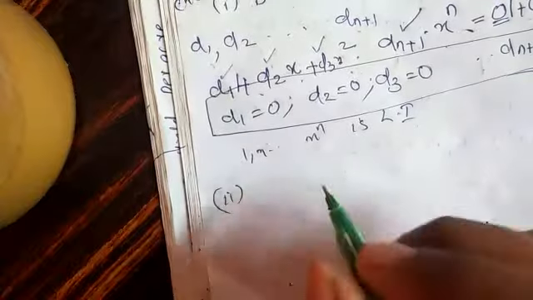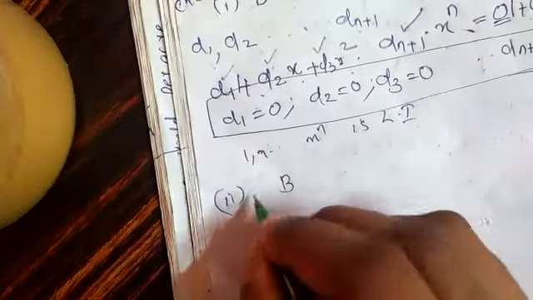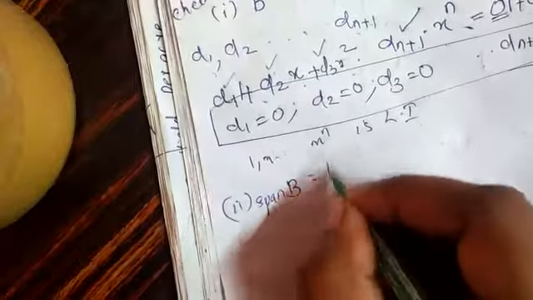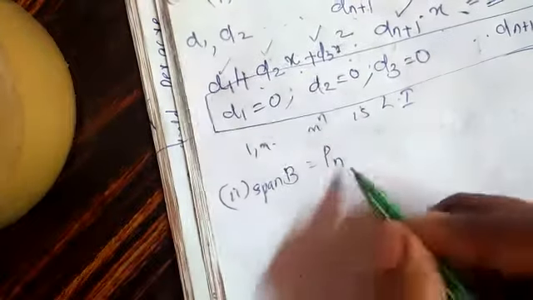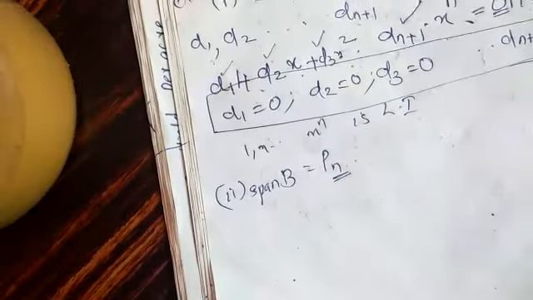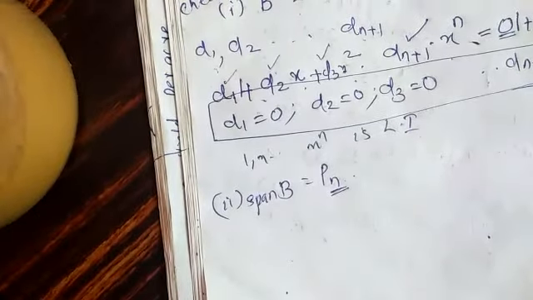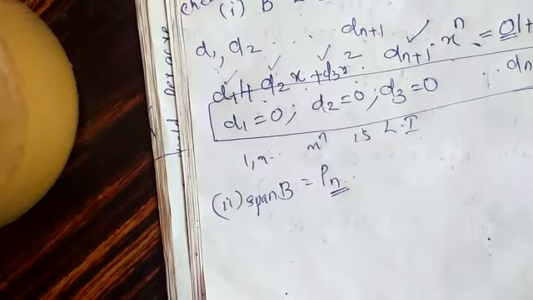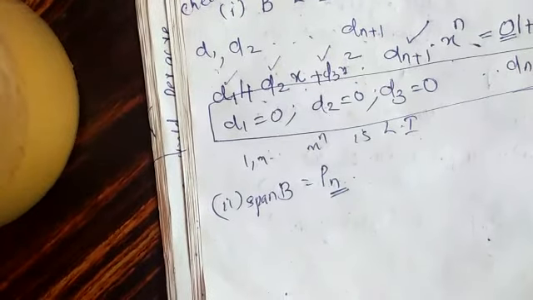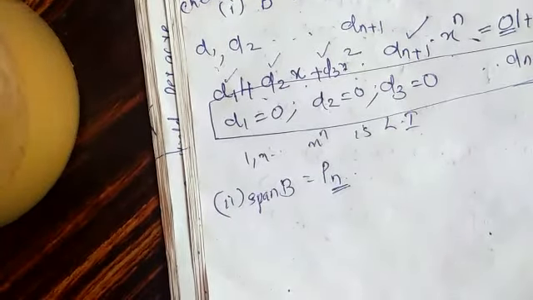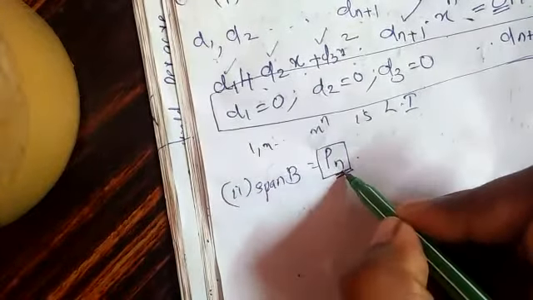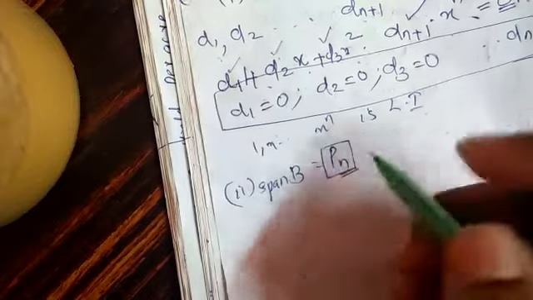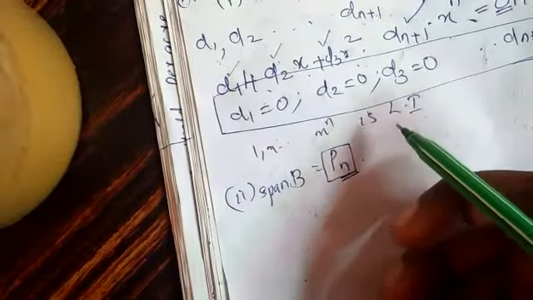Next we can say the span of B is Pn. That means every element of Pn can be expressed as a linear combination of 1, x, x², etc., xⁿ. So here, what is Pn? Pn is the set of polynomials of degree less than or equal to n.